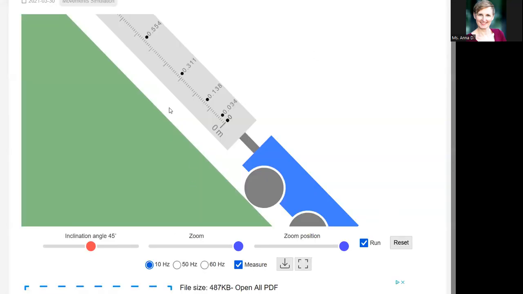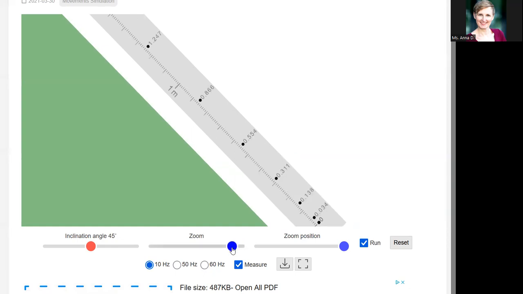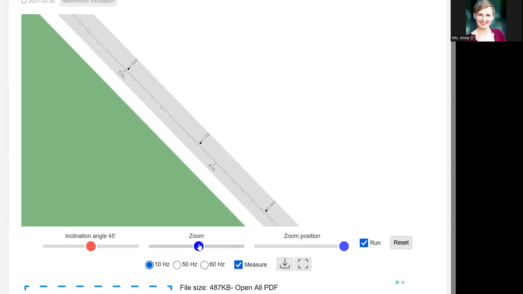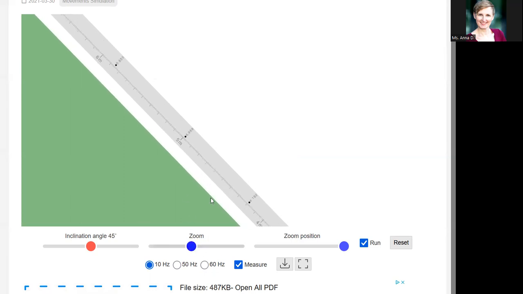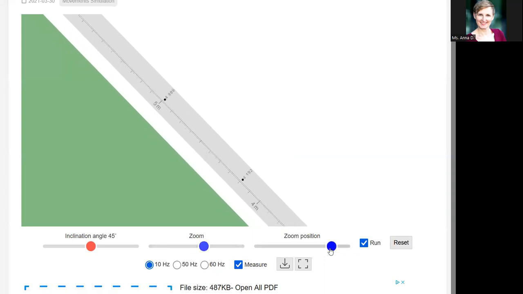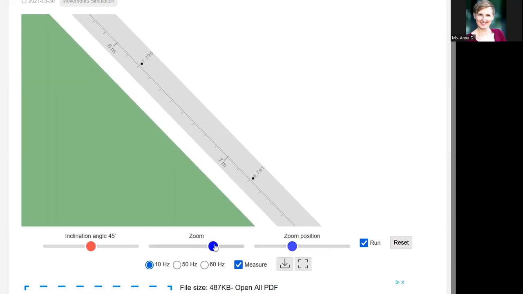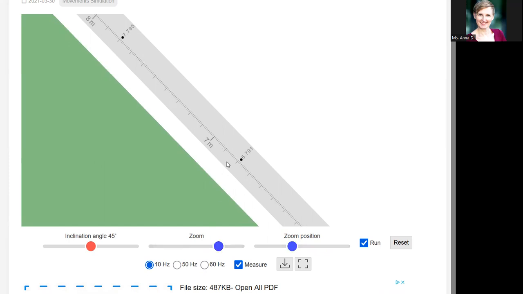Then I move and choose another 2 dots somewhere further down the road. Let's say here. Maybe I just need to zoom in. It's a little bit finicky in terms of adjusting, so you want to see the numbers. So you need to choose appropriate zoom.